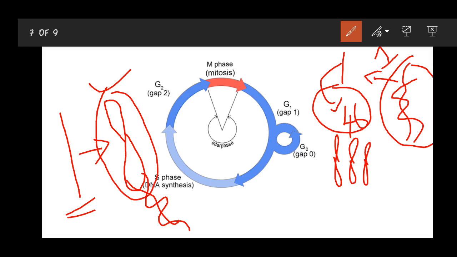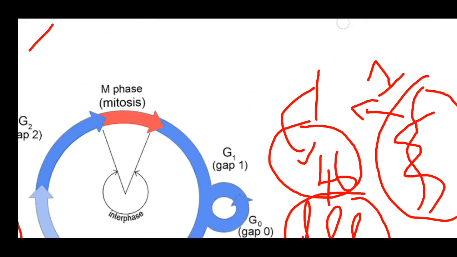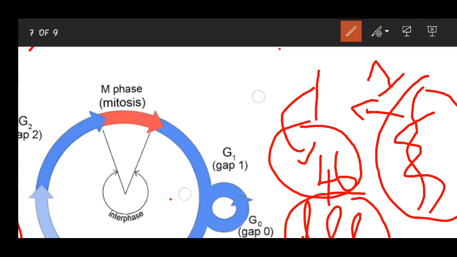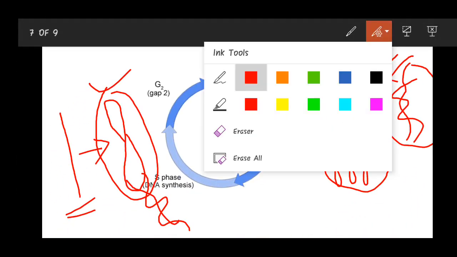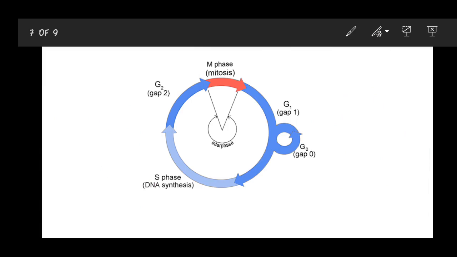Now we are moving on to the next stage, which is called the S phase. From now we are going to consider this as our chromatid, and see how it behaves in the cell cycle, how changes happen in this particular structure throughout the cell cycle.